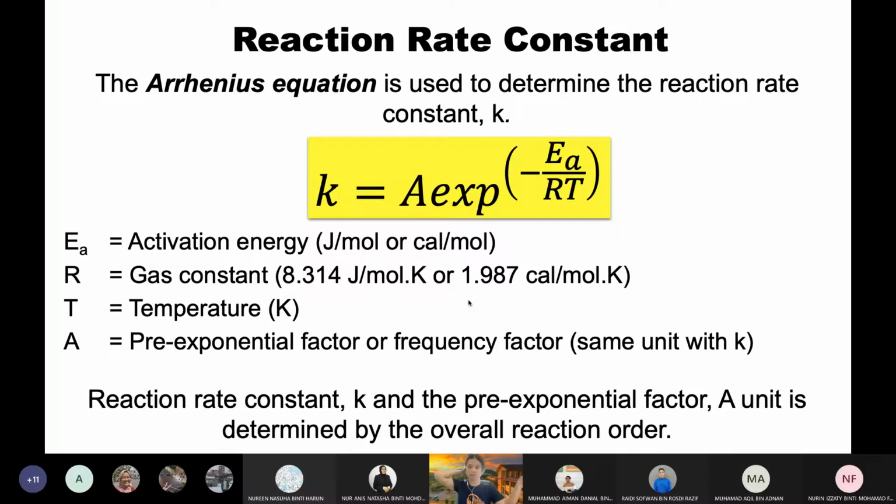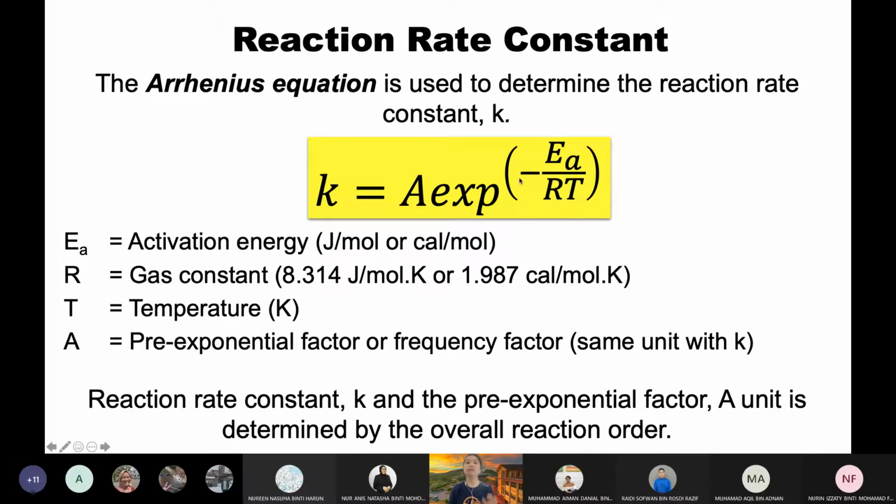That one is for the ideal gas law. Unit dia dah berlainan. Kenapa saya kena cakap ni? Sebab kadang-kadang I know when you have a lot of R values, you got confused nak guna yang mana satu. So just remember, kalau Arrhenius ni, either 8.314 joule per mole Kelvin or 1.987 calorie per mole Kelvin. Okay, so this is the correlation between K and temperature.